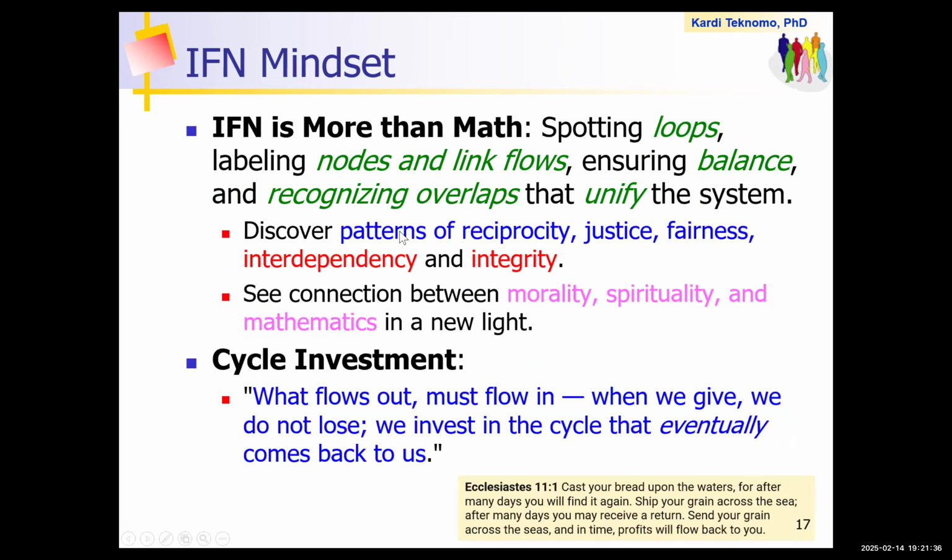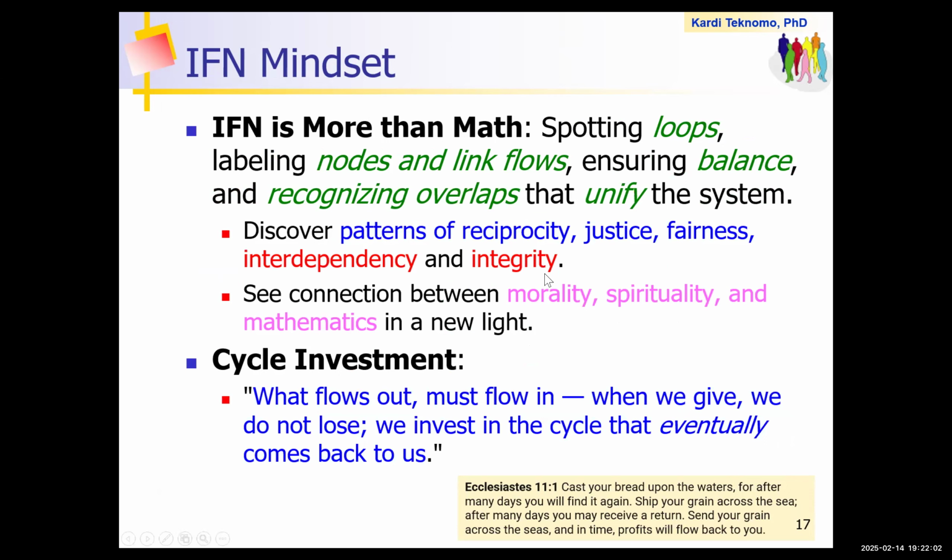Then again, this is the definition of IFN, and this is actually more than the mathematics. By spotting the loops, and labeling the nodes and link flows to ensure that balance happens, later you can do what is called pivot analysis, recognizing the overlap between the loops that unify the system.